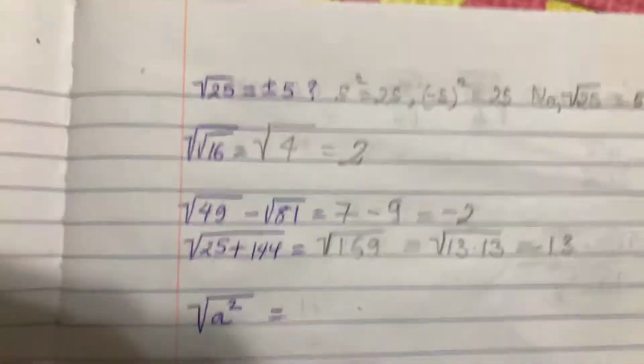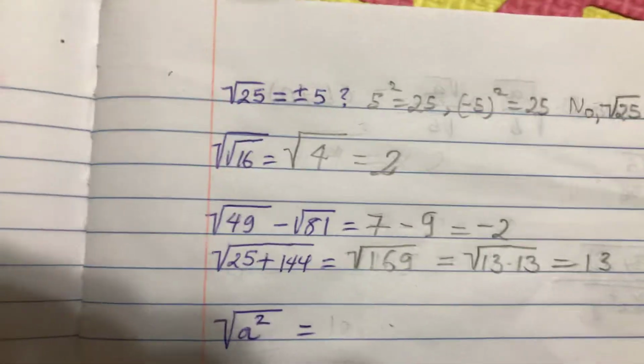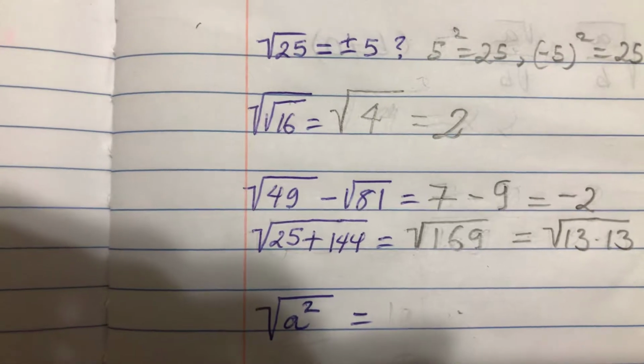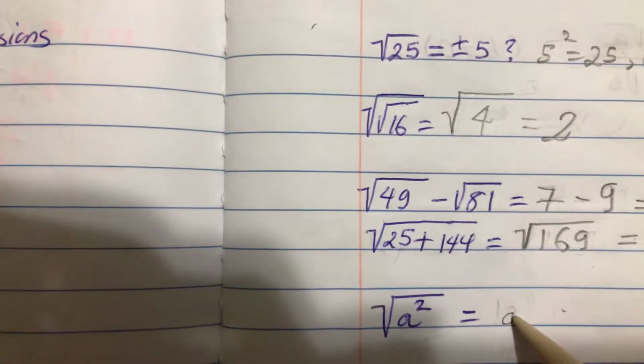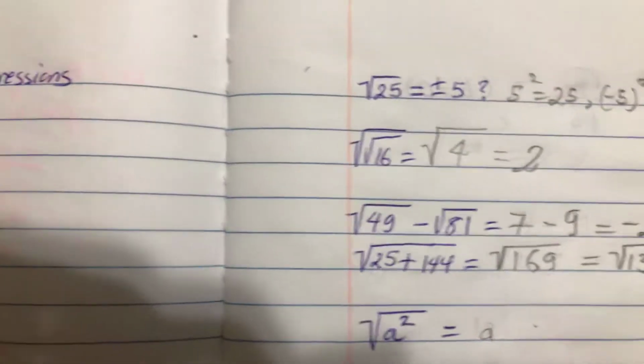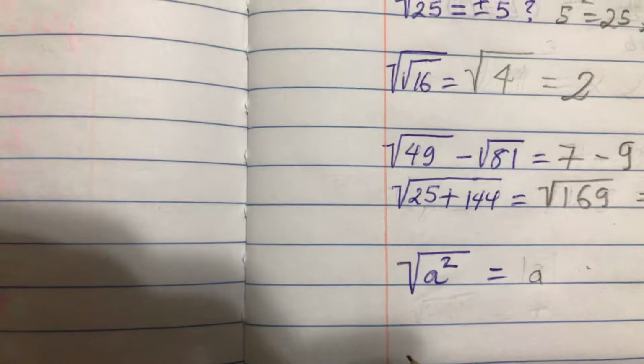Now, what if I have the square root of a squared? Is that going to equal a? Maybe you will think that. Since I don't know about a, I don't know if it's a negative number or a positive number.